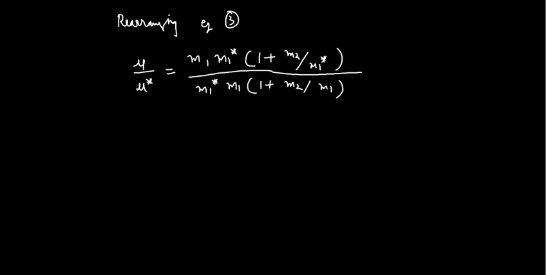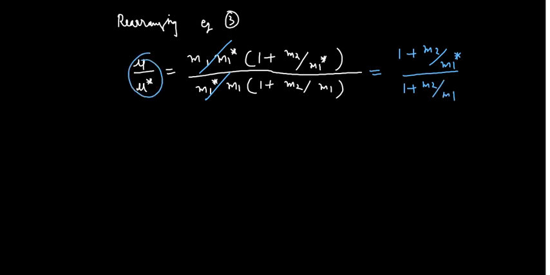Now these things are common, so we can cancel them, and then you will have the relation 1 plus M2 over M1 star divided by 1 plus M2 over M1. So this is the value of the ratio of the two reduced masses.